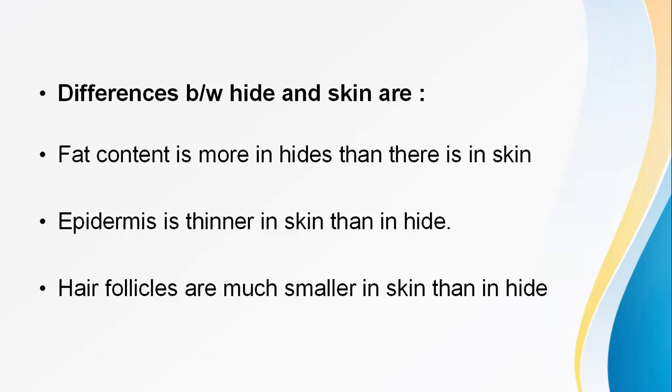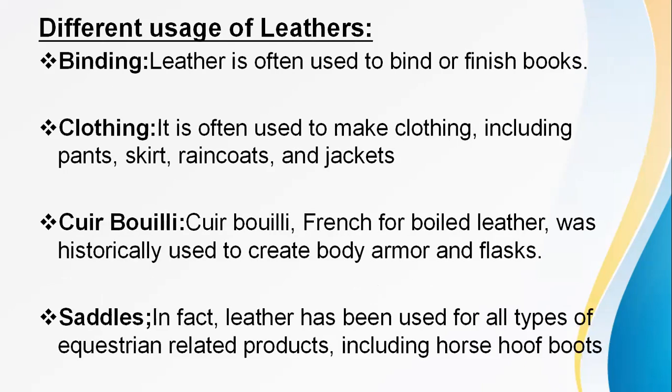So moving towards the next slide, different usage of the leather. There are numerous types of leather which are used for different purposes. Binding leathers: leather is often used to bind or finish books. Clothing: it is often used to make clothing including pants, skirts, raincoats, and jackets.